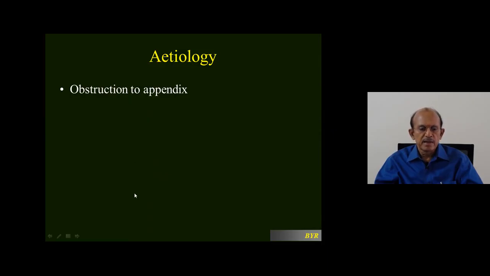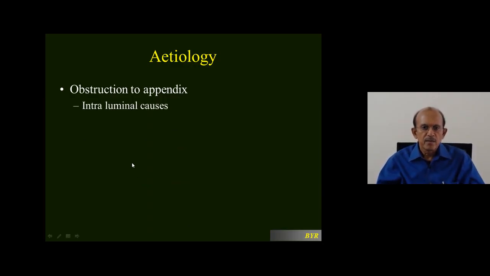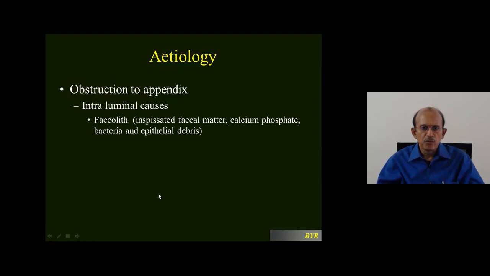Any obstruction of the appendix, like intraluminal causes, a fecalith. Fecalith means inspissated fecal matter, calcium phosphate, bacteria, and epithelial debris. All these put together form a stone-like mass in the appendicular lumen, so it can cause obstruction.